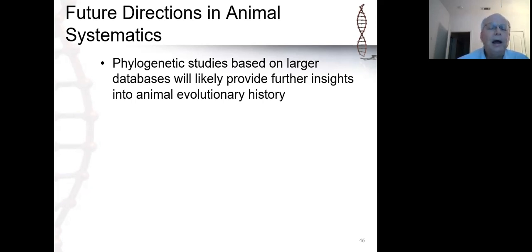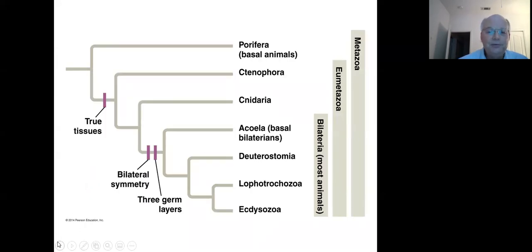So what are the likely directions for animal phylogenetics in the future? Well, there are two areas of focus. Number one is where do the ctenophorans actually lie? Right now, the ctenophorans are considered to be more basal than the cnidarians. It's gone backwards and forwards on the nature of this relationship, in fact.